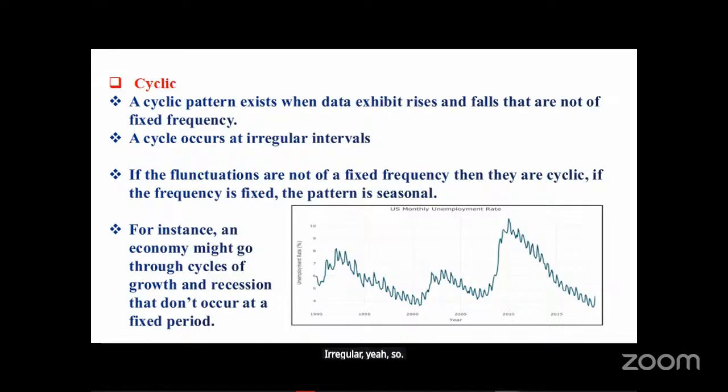So if the fluctuations are not of fixed frequency, then they are cyclic. For instance, an economy might go through cycles of growth and recession that don't occur at a fixed period. That is very true. So in that kind of case, we call it cyclic.